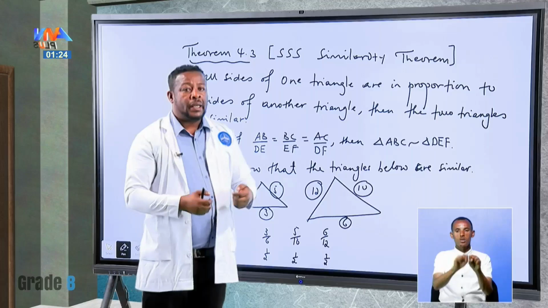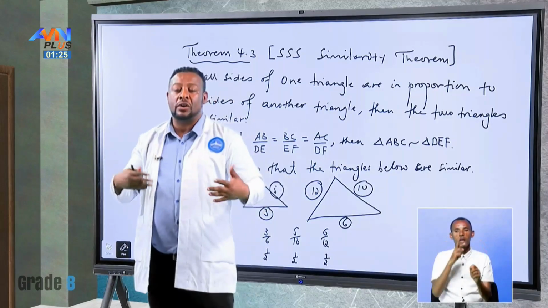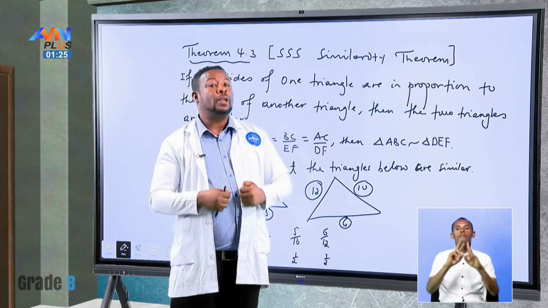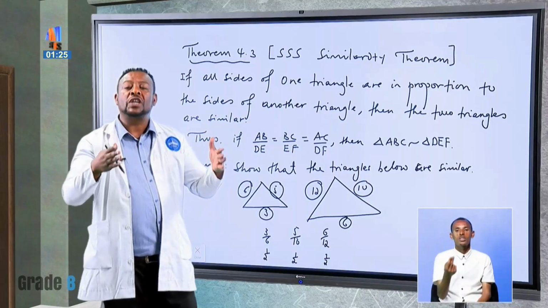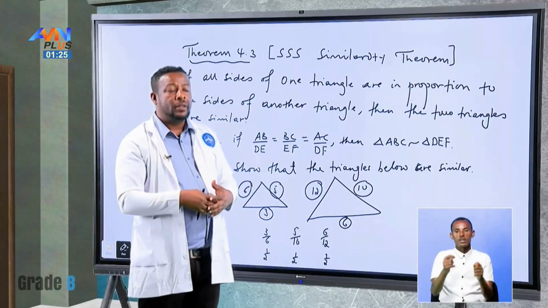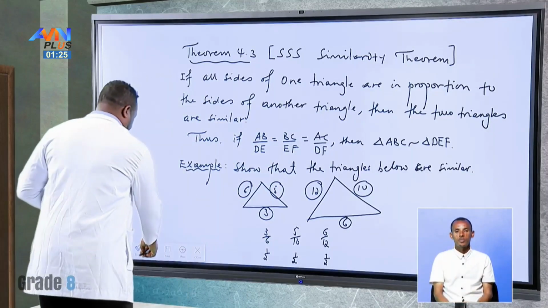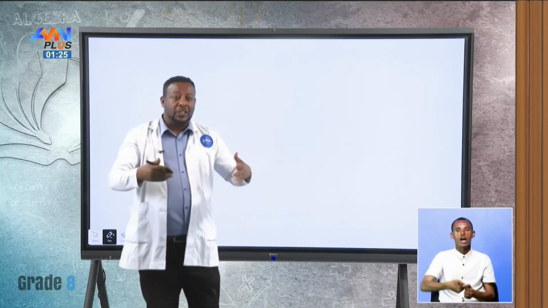So testing whether two triangles are similar or not is a very simple approach. You can use those three theorems to determine whether two triangles are similar or not. Good. So let's proceed to the other point of discussion for today.